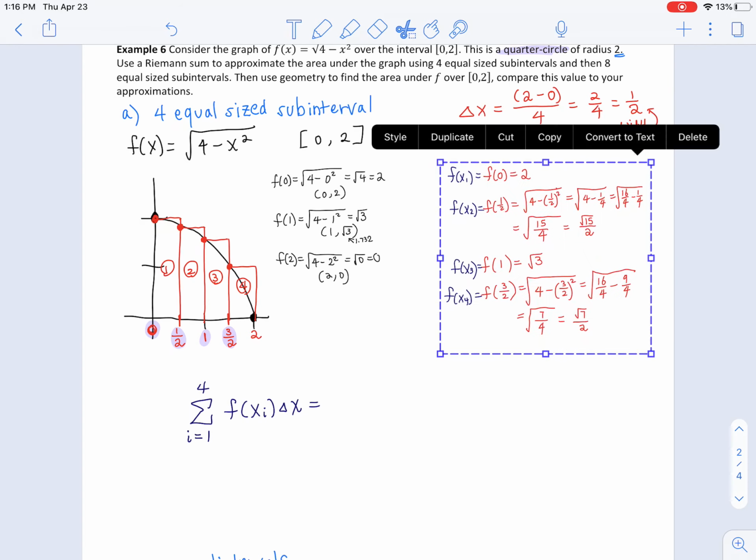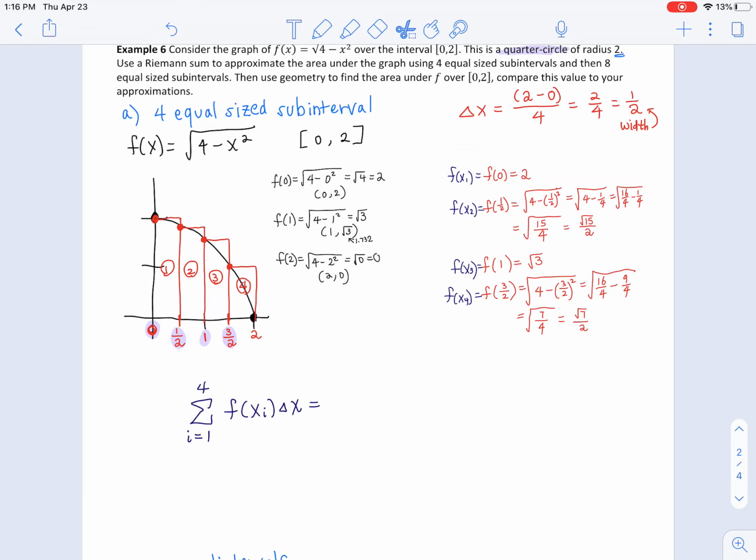That first f of x value is x sub 1. The second one is x sub 2. This one was x sub 3. And then the last one was f of x sub 4. So these are the heights of the rectangles. And as you can see, we got the delta x to be half for every one of these rectangles, right?